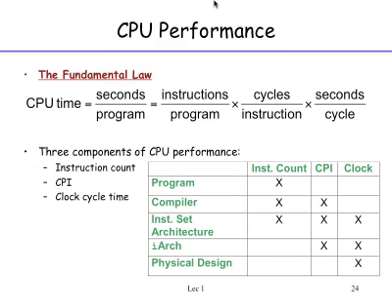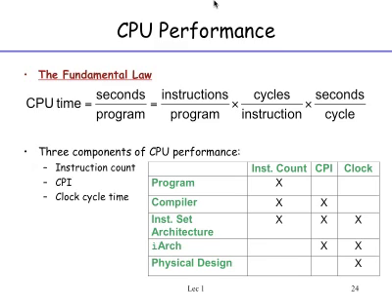On average, for every instruction, how many cycles you have to spend. The third term is the clock cycle time. This is determined by the frequency. The higher the frequency, the shorter the clock cycle time. Taking these three elements together, we can calculate the CPU time, or the execution time, by just multiplying these three components.